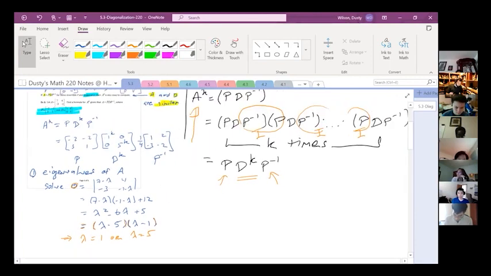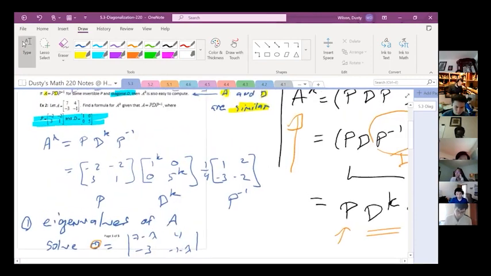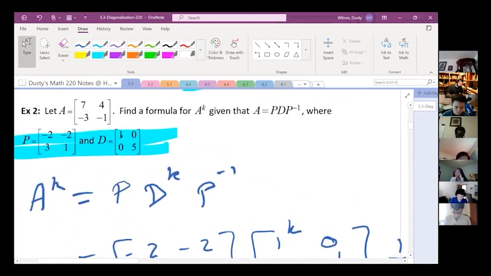Look back for a second. 1 and 5. Oh, wait. Same 1 and 5, right? The entries in the diagonal matrix, those are the eigenvalues.